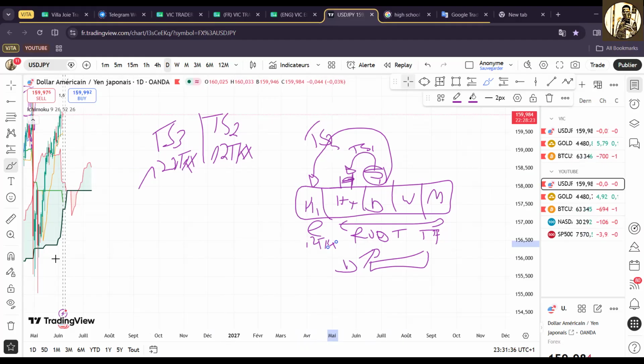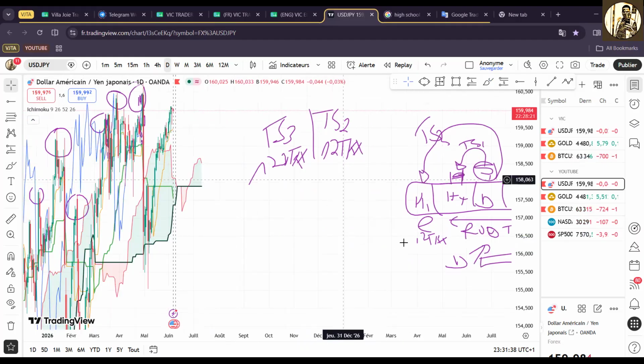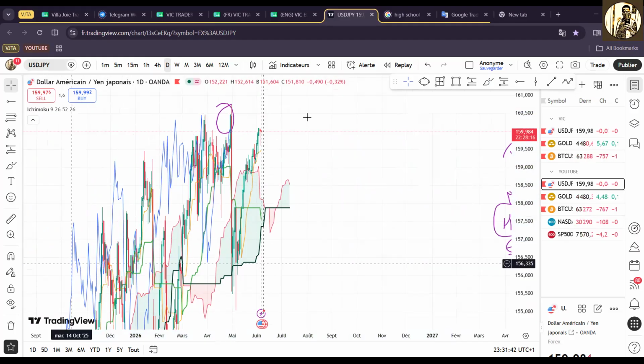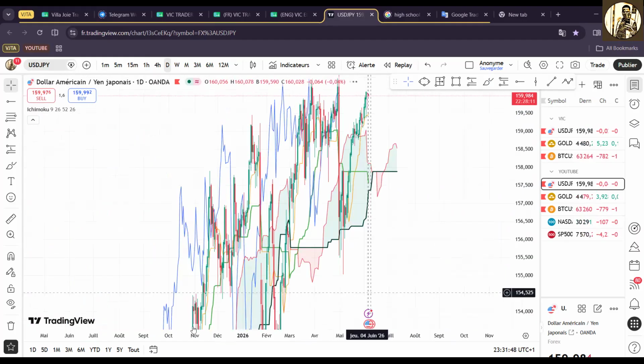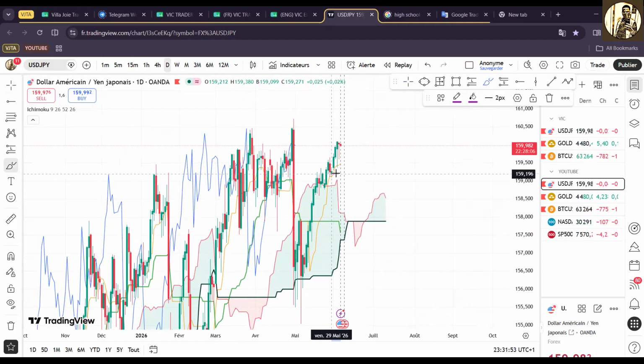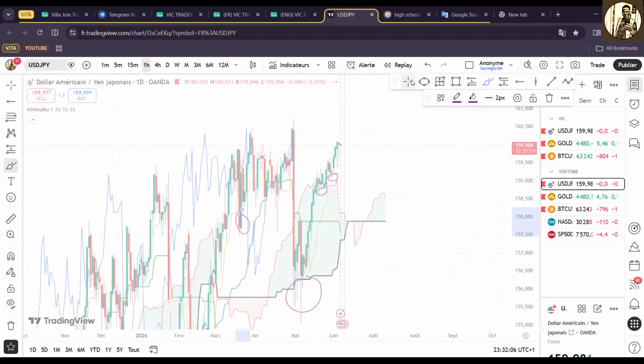So what I mean by this is that if you have a daily Tenkan setup like this one, or one of the setups here, or this setup here, you go on H1.